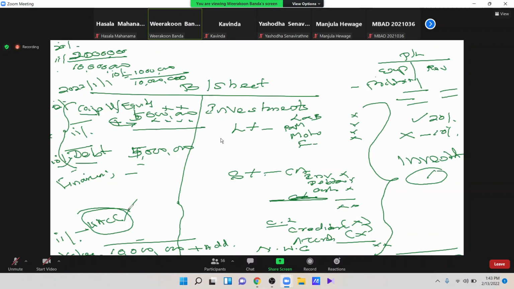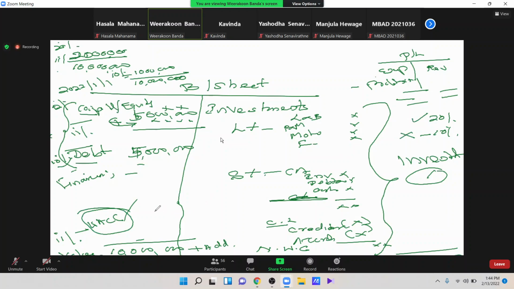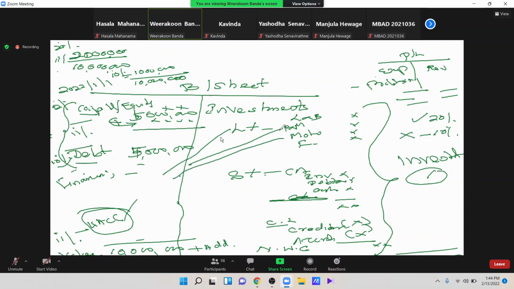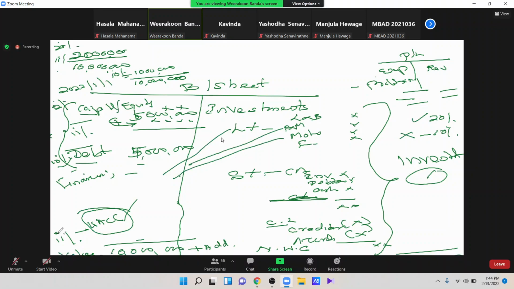If the company cost is an 11% rate, there can be different long-term investments here: motor vehicles, plant and equipment, land and building, like that. There are different kinds of investments. So those investments, you can evaluate and assess. So capital investment, we can assess based on this particular criterion, the cost of capital.